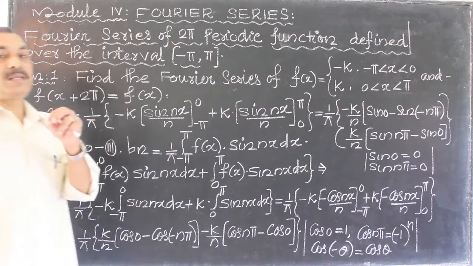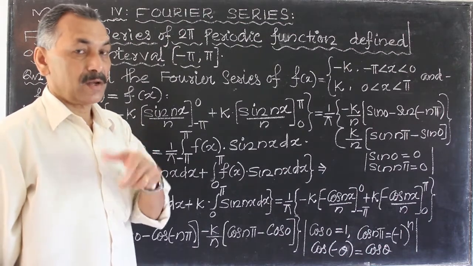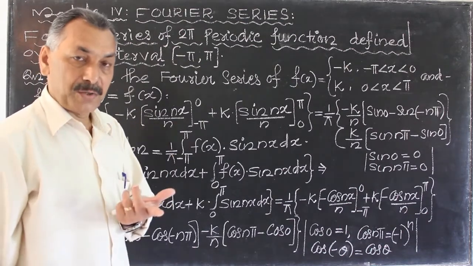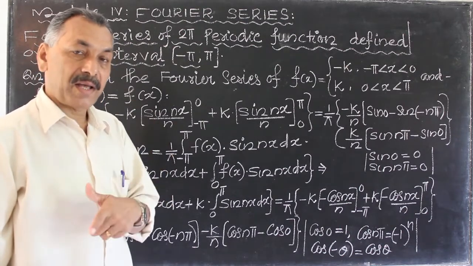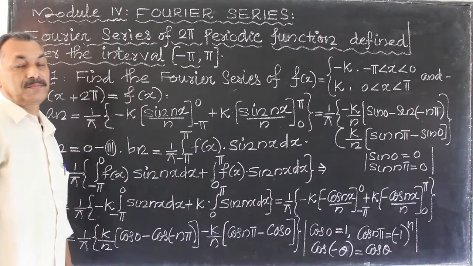Now the Fourier series of f of x, the given function, is a0 by 2 plus sigma n equals 1 to infinity of an cos nx plus bn sin nx. an is also equal to 0.